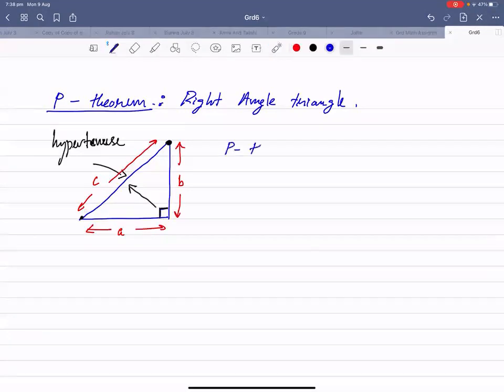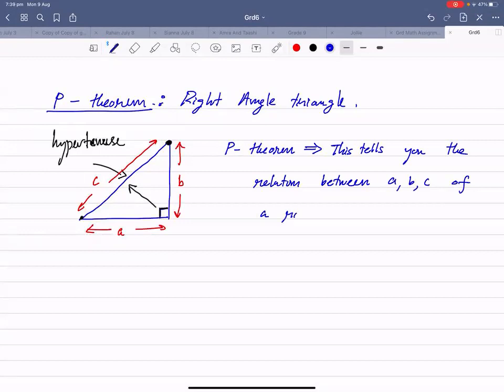So what does the Pythagoras theorem tell you? It tells you the relation between A, B, C of a right angle triangle.